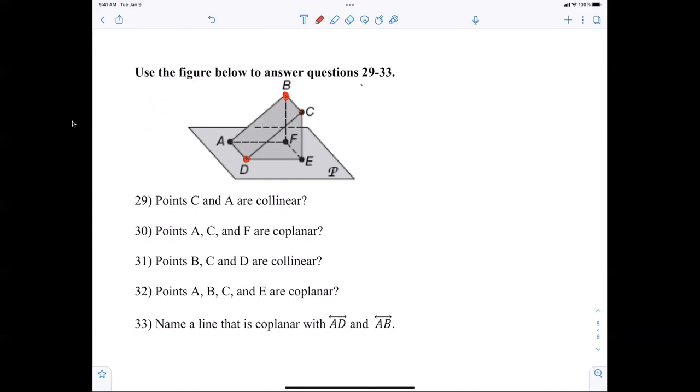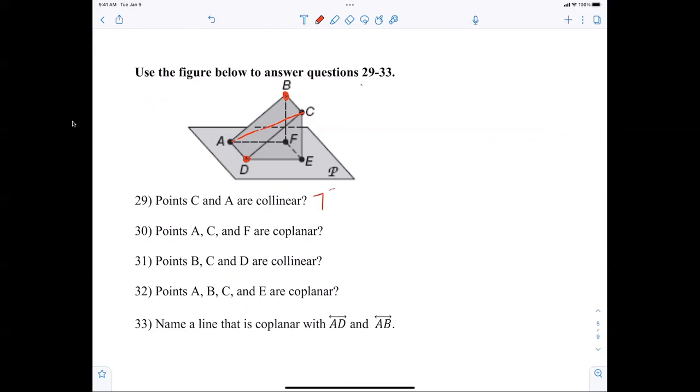No. But are they on the same line? Does that make sense, right? So A and C are definitely collinear, even though the line's not drawn. Is everybody with me on that? So that's true. Let's just review these.